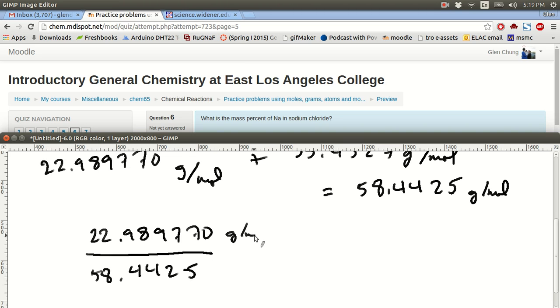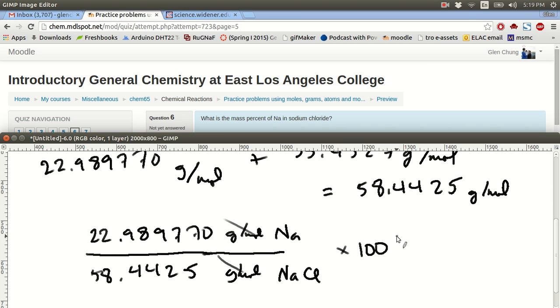This was grams per mole for sodium, and this is grams per mole for NaCl. The grams per mole cancel, and so you're going to get a number. It's going to be point something. So you're going to multiply that number by 100, 100 with the percent sign on it. And that's going to give you a percentage.